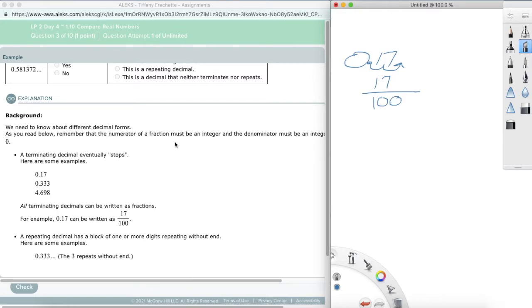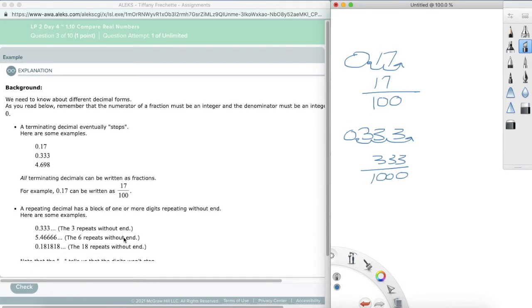If I want to do 333, then I'd go 1, 2, 3 times. So I have 333 over 1, 2, 3 zeros like that with a 1 on the front. Terminating decimals are pretty simple to put into fraction form. You just say, okay, this is how many times I need to move to make this an integer on the top.